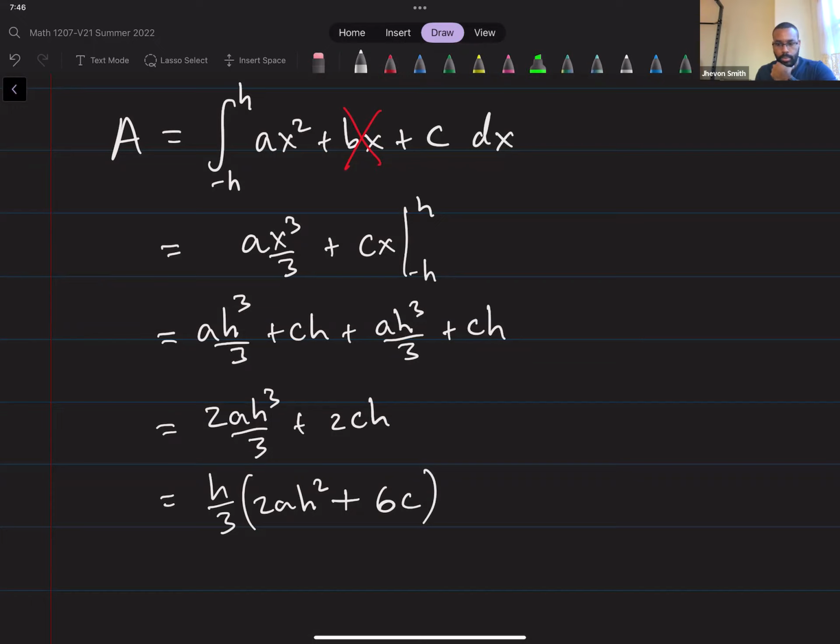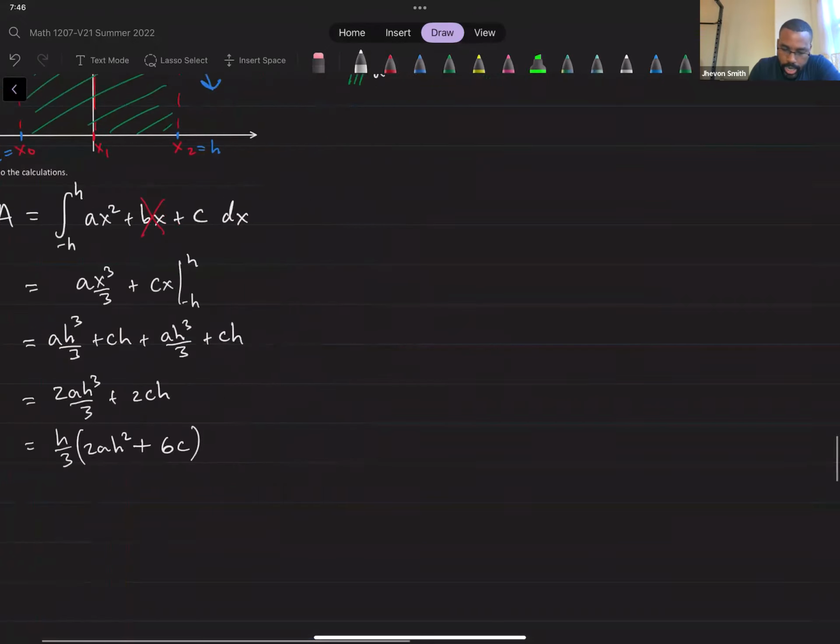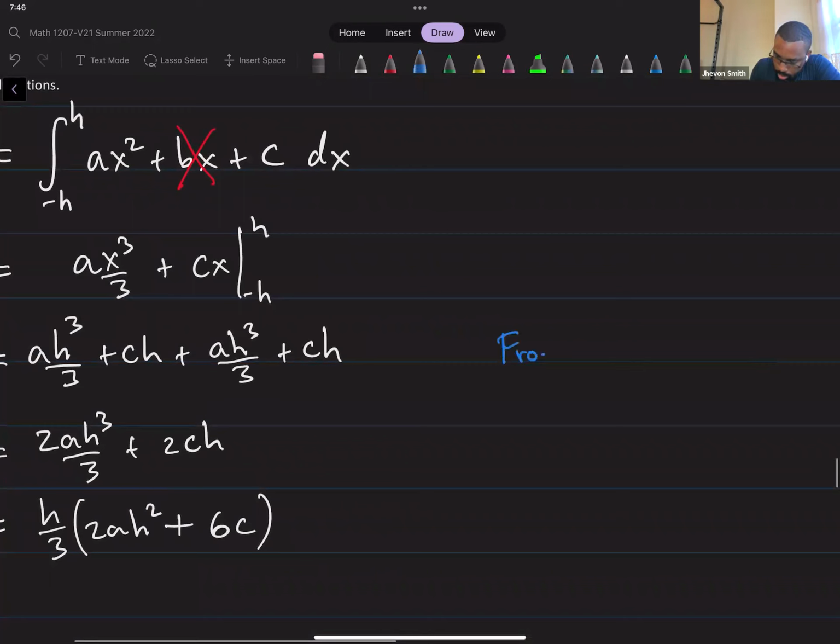And if we take a look at the following. So here's one thing that we know from the picture. I actually know what the parabola evaluated at 0 is going to be.